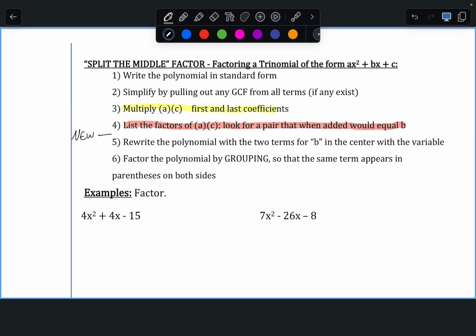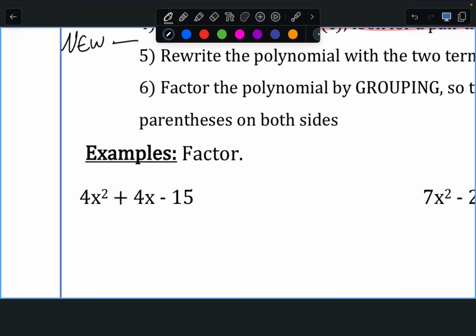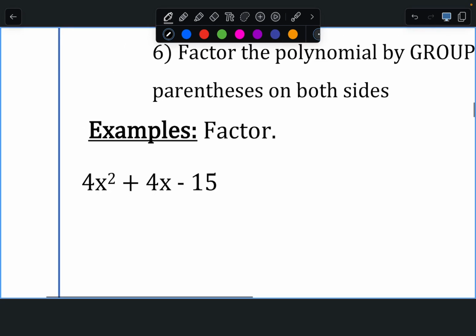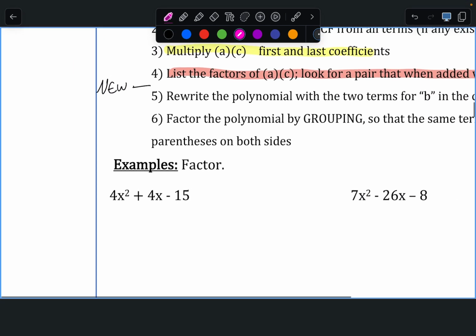So what we're going to do here is start with this problem. Just like slide and divide, the first thing that I need to do is what? Multiply A and C, right? Again, this is in standard form. There's no greatest common factor between 4, 4, and negative 15. So I want to take this 4 and multiply it by negative 15.